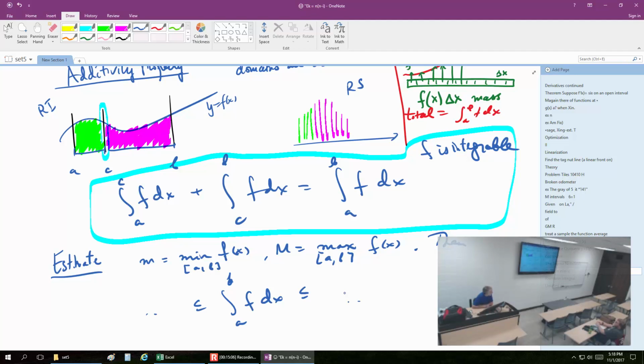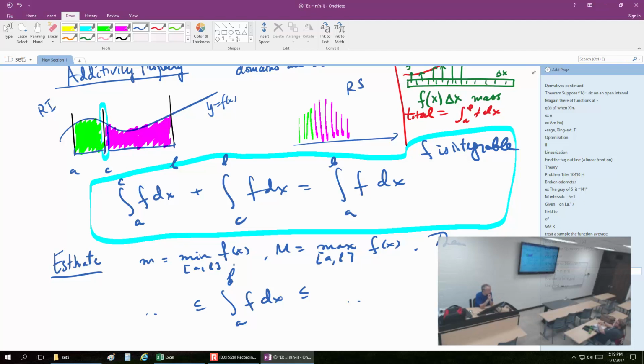Well, since we're talking about density, think about density. So suppose f is the density, and then m, lowercase, is the minimum density. Okay, so the integral itself is the mass, the exact mass of the whole thing. But if you know only the minimum density, then you can estimate the total mass.